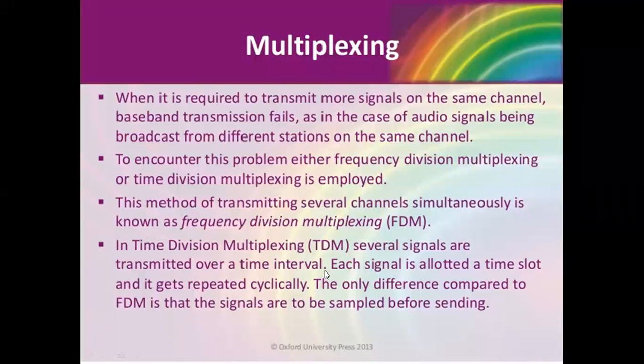Whereas in frequency division multiplexing, each signal has its own frequency band, in time division multiplexing different signals are transmitted on a single channel.